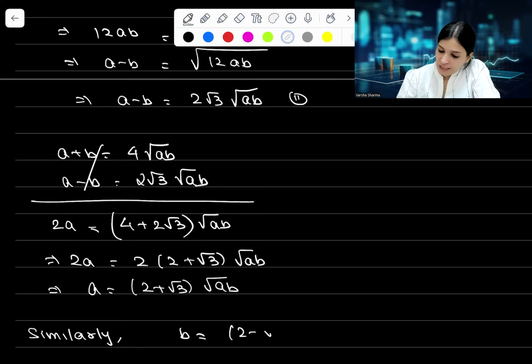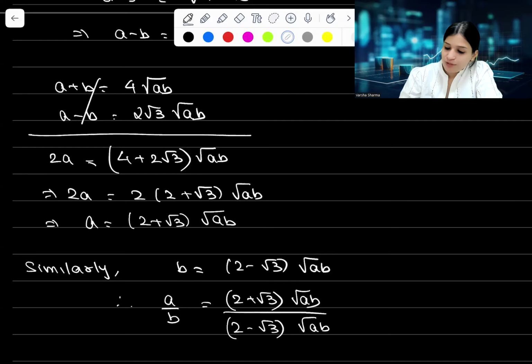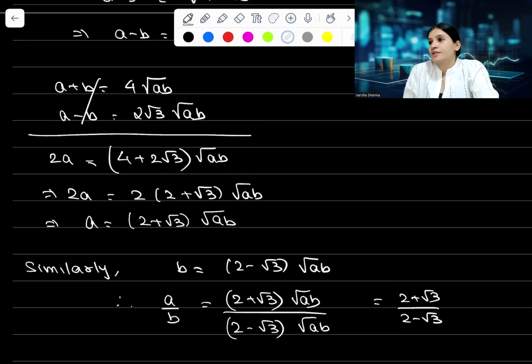B would be 2 minus root 3 root AB. Therefore, A by B is 2 plus root 3 root AB over 2 minus root 3 root AB. Root AB gets cancelled. 2 plus root 3 by 2 minus root 3. That is what we were asked to find, the ratio. Any problem? Understood?